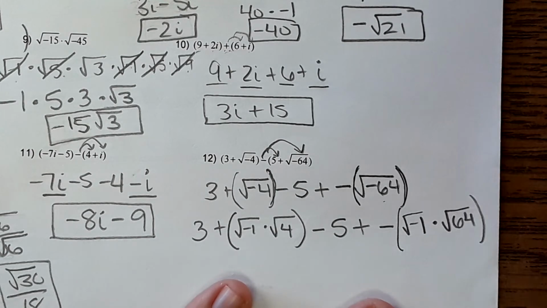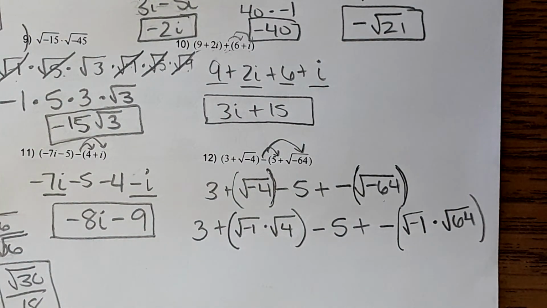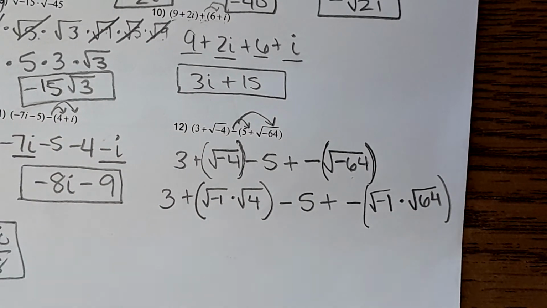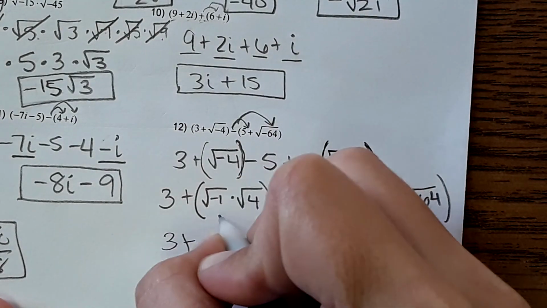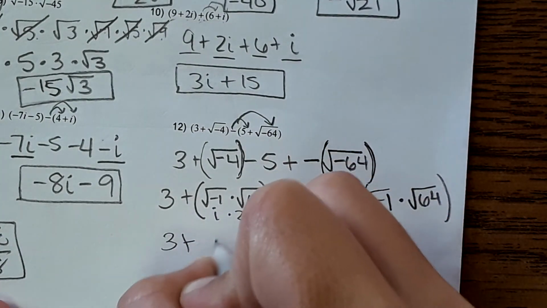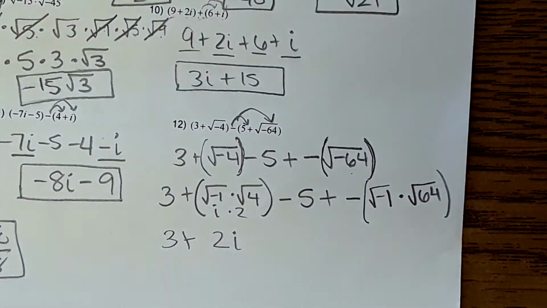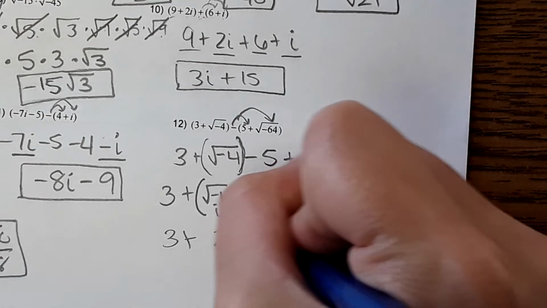Could you also do square root of 2 times square root of 2? Yeah, you could. Are we gonna have a lot of these questions? No, I think it would just be evenly. Okay, then from here, this would be i times 2, so 2i. Is this the answer, or is there gonna be another step?